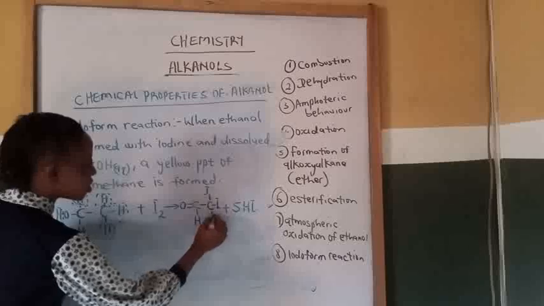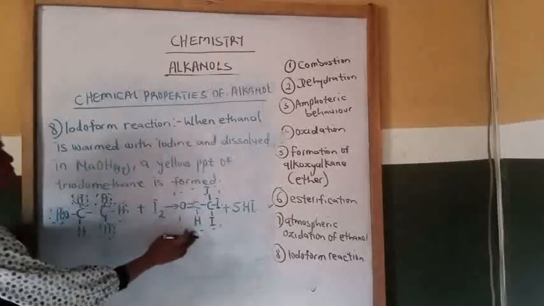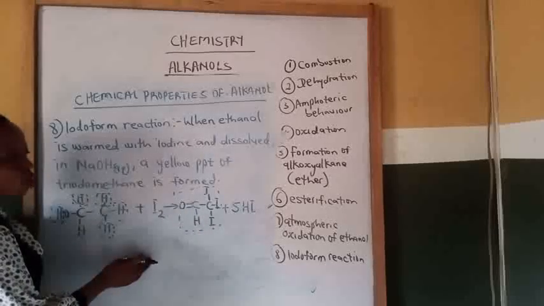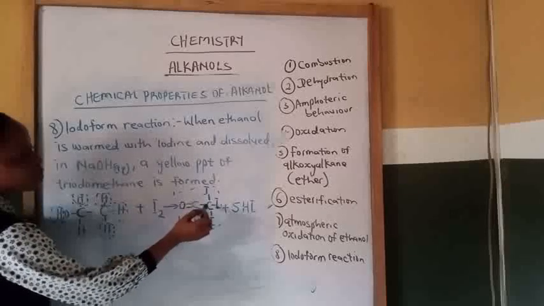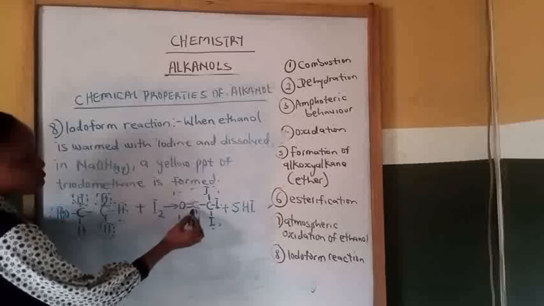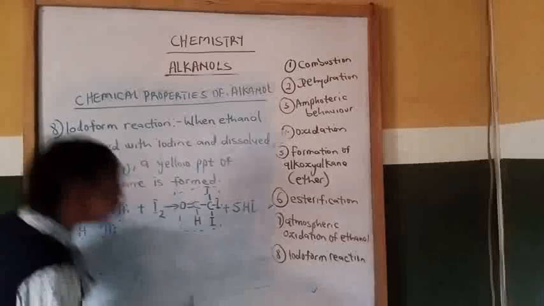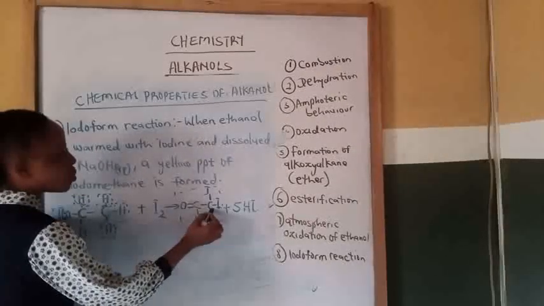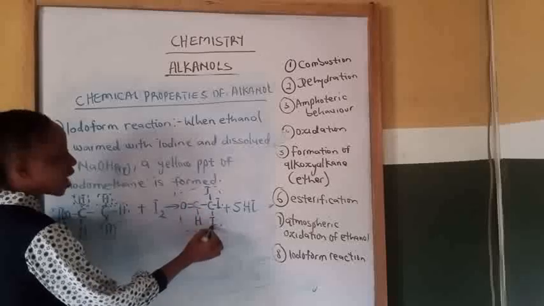Now the second product now, your product from here. Then they can ask you to name this product. CHO is the functional group of what? Of alkanol. Then this is the first carbon atom, this is the second carbon atom, because we have to name from our functional group. So to the second carbon atom, we have 3 iodine attached.